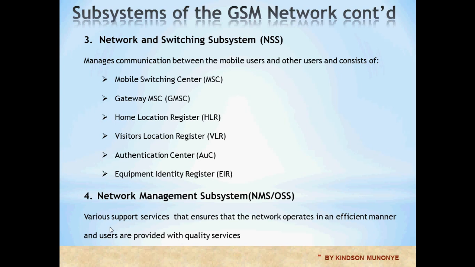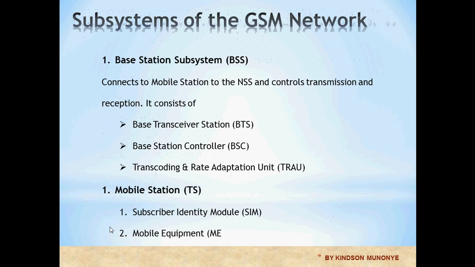So you can memorize these four subsystems: the base station subsystem, the mobile station, the network and switching subsystem, and the network management subsystem. As I mentioned before, I'm going to discuss the subcomponents of each subsystem, their functions, their roles, and the architecture.